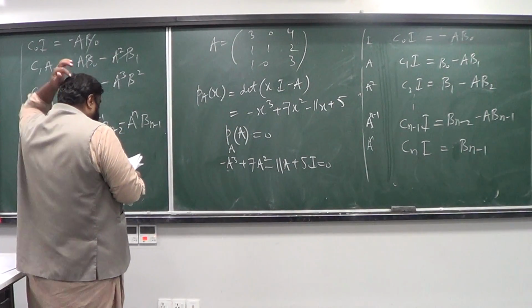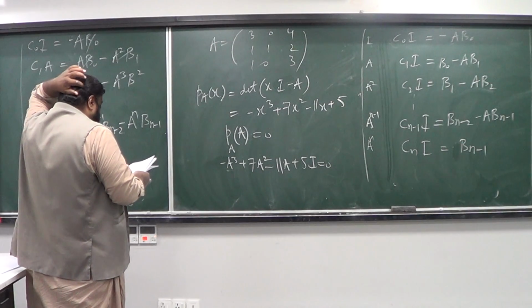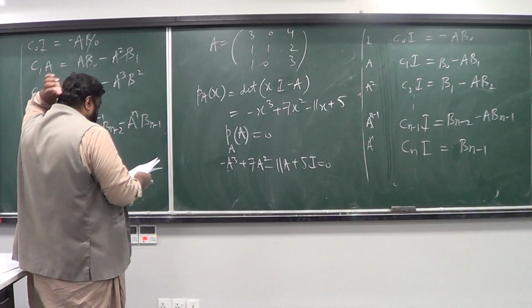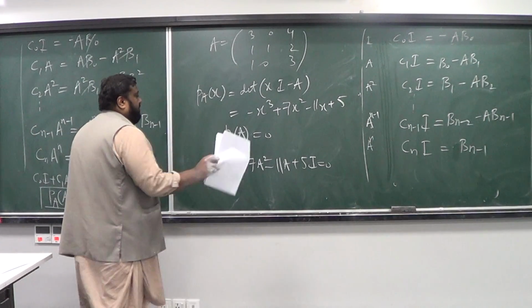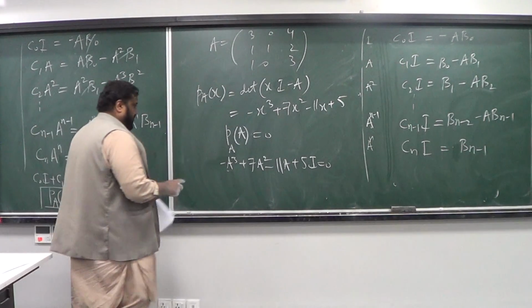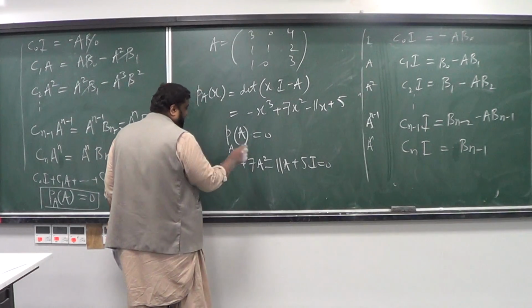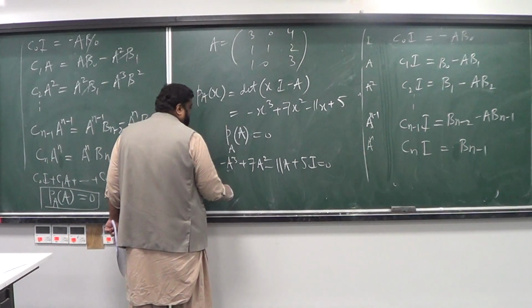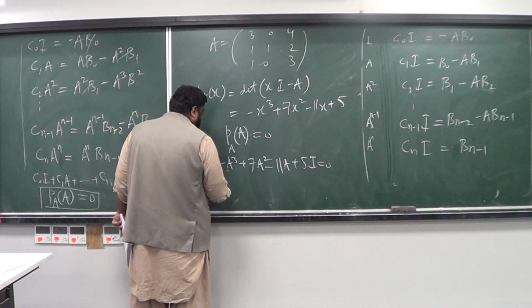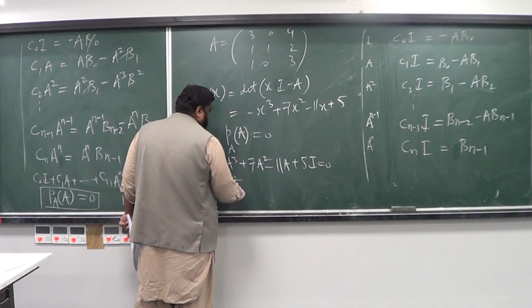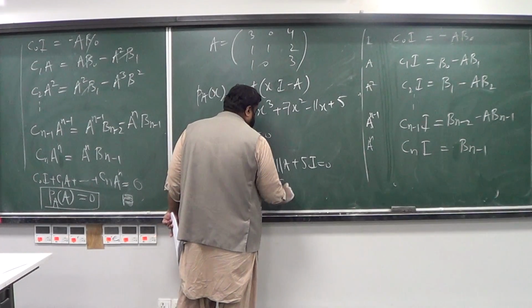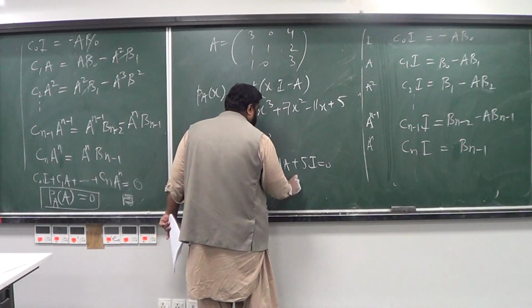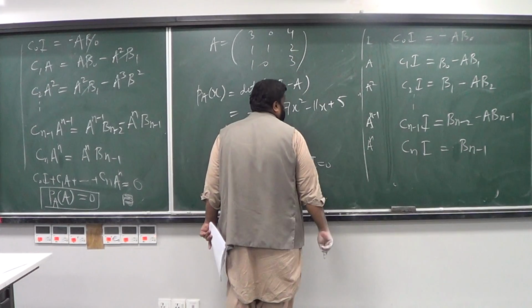Okay? And now, if I multiply both sides by A inverse, what are you going to get? This is going to be A squared, this is going to be 7A, this is going to be 11 times the identity, and this is going to be plus 5 A inverse.